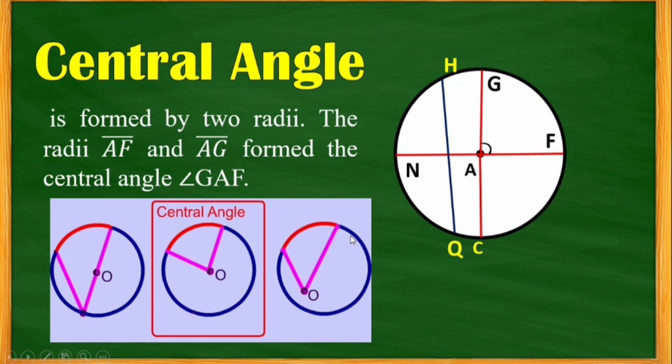The third one is also not a central angle because the vertex is not located at the center. This second example is a central angle because it is formed by two radii, and we have the angle at the center.